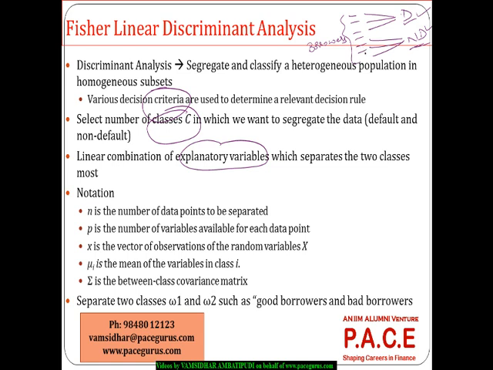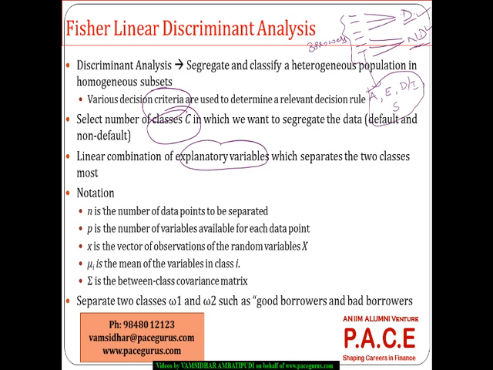Here for these borrowers, I might take the explanatory variables as age, education level, let's say debt to income ratio or salary, some such kind of explanatory variables I am taking, and based on these I am trying to come out with a mechanism which is going to segregate the default risk from the non-default kind of categories.